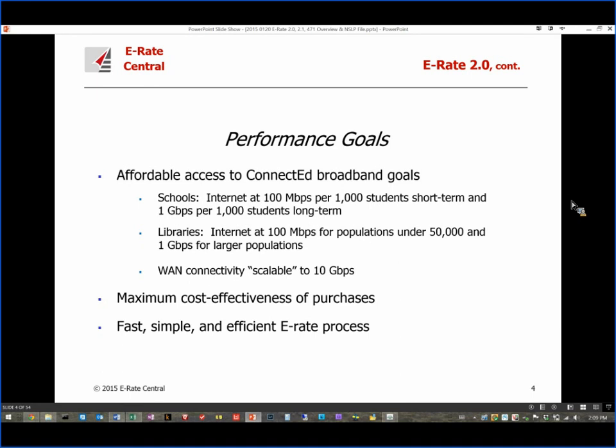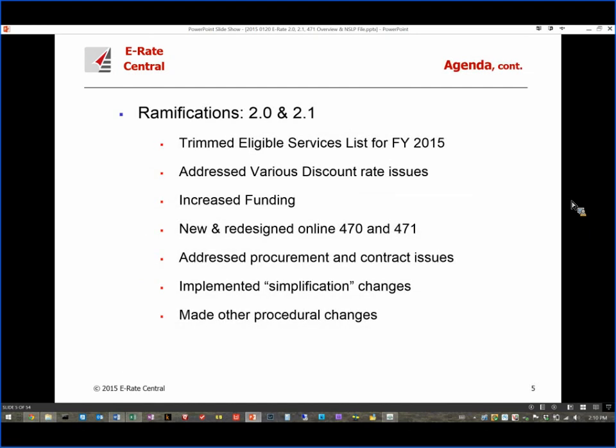And last but not least, their hope is that the new 470 and new 471 will create a more efficient E-Rate process. If you look overall at the two orders, 2.0 and 2.1, obviously they trimmed the eligible services list.